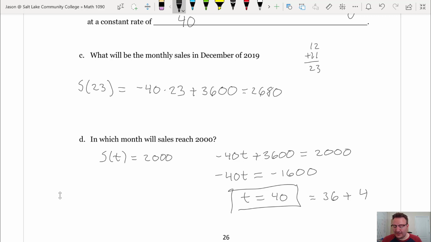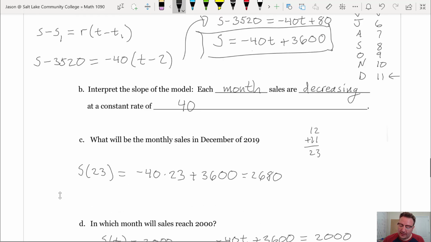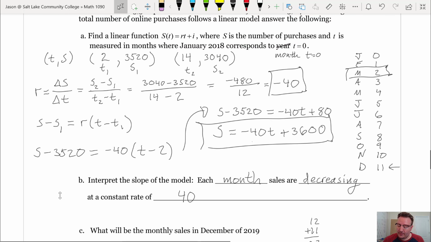Not just 4 months. We got to use our counting system where we start counting from 0. So if I go back here to my little thing here, the 4th month corresponds with not April but May in this counting system.